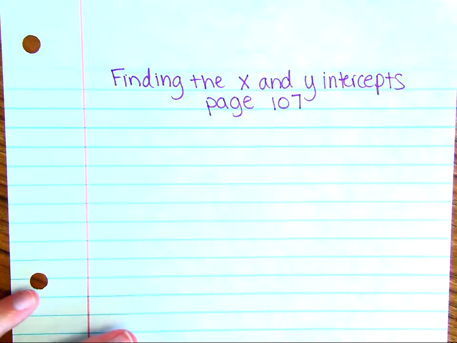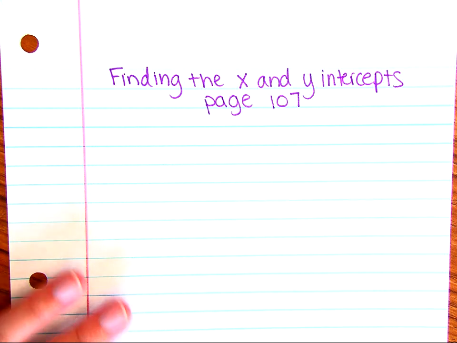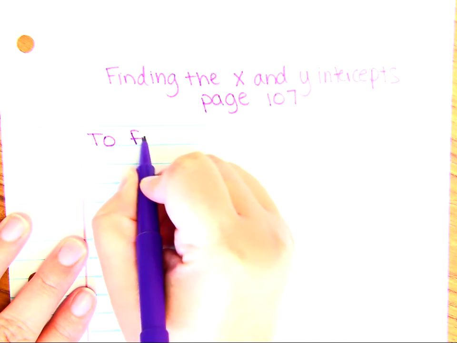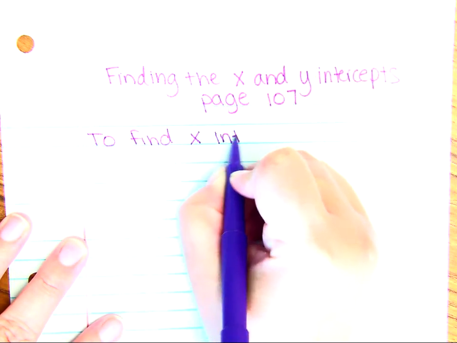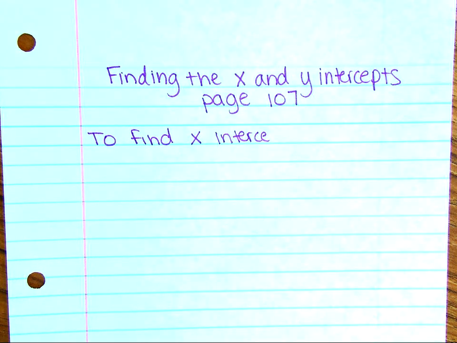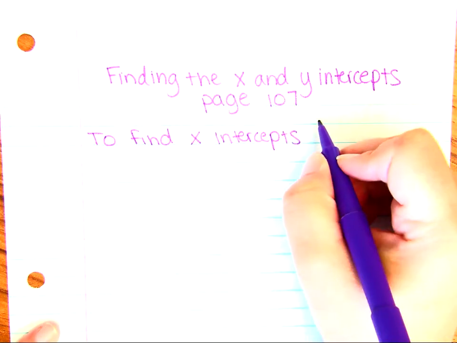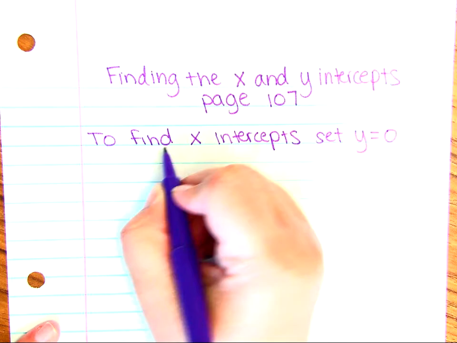Okay, simple rule. If you want to find the x-intercepts, you set y equal to 0. And you solve for x.